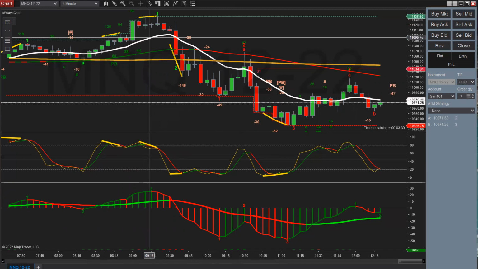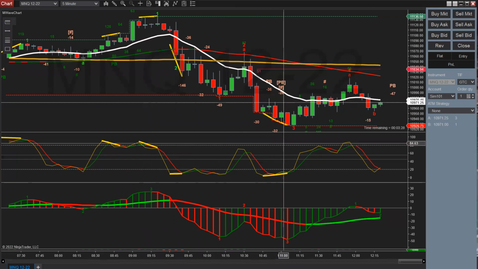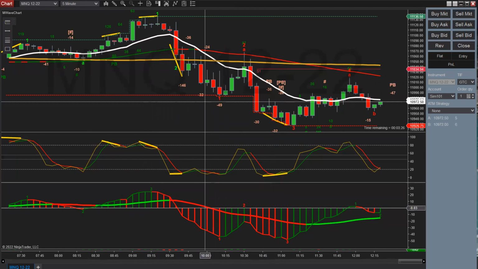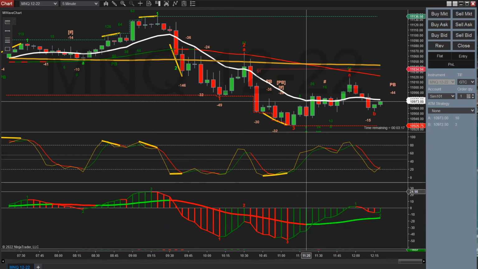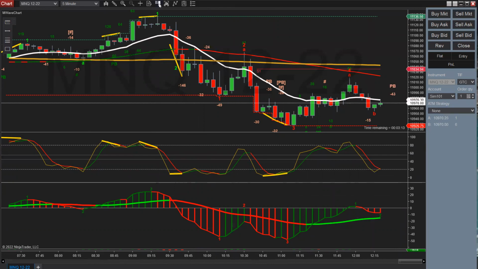Okay. So when we talk about the strategy of what we're doing, we're looking at a 5-minute momentum compared to a 15-minute momentum. Let me do this.